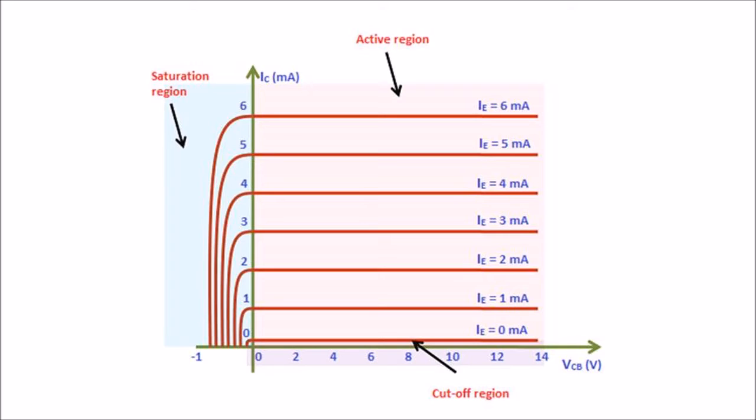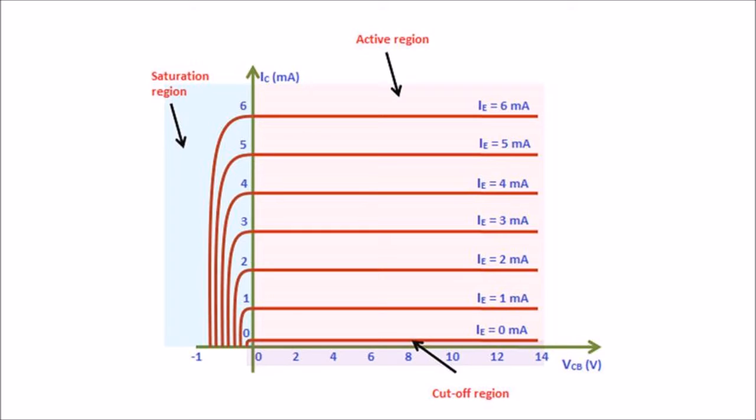Next, the input current IE is increased from 0 milliampere to 1 milliampere by adjusting the input voltage VBE, and the input current IE is kept constant at 1 milliampere. While increasing the input current IE, the output voltage VCB is kept constant.